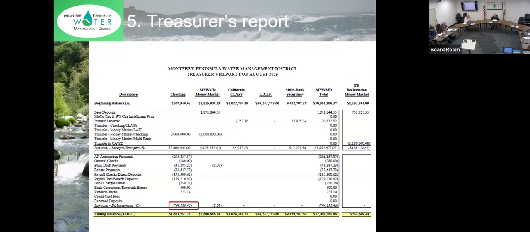This is driven by our investment policy, and the treasurer has the discretion to make sure that there are enough funds to meet cash flow needs, both for vendor payments and payroll. We have big payments of 1.5 million going out to Monterey One Water when we purchase it. So we need to make sure that we have enough funding for that, and that needs to be liquid.